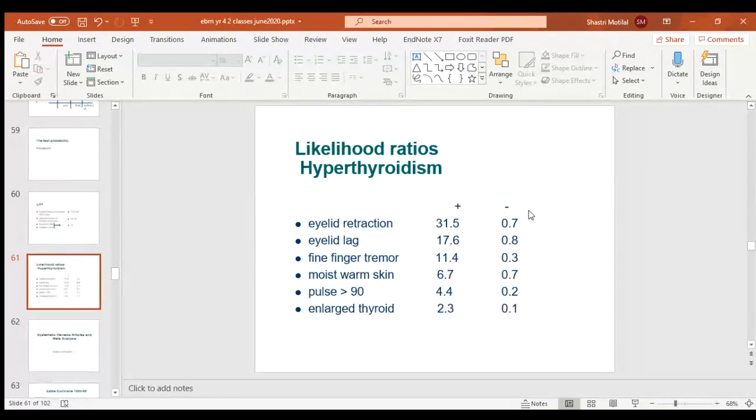Look at the negative likelihood ratios. They're all more than 0.1. The only one that's probably kind of close, just cutting it, is an enlarged thyroid, which has a negative likelihood ratio of 0.1. So what does that mean? It means that an enlarged thyroid has a good negative likelihood ratio.